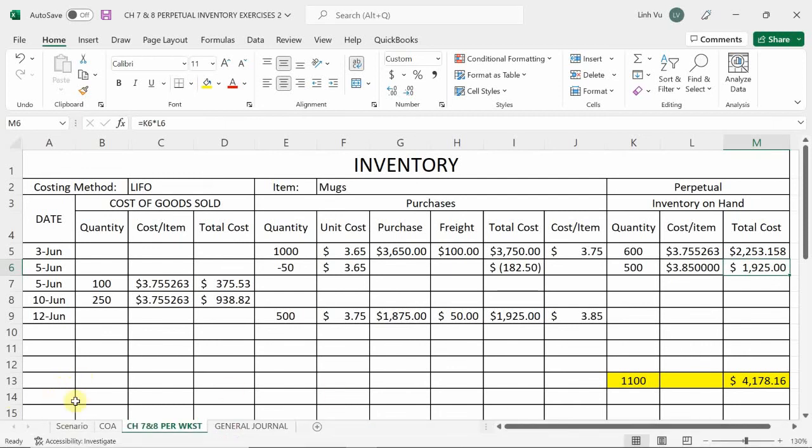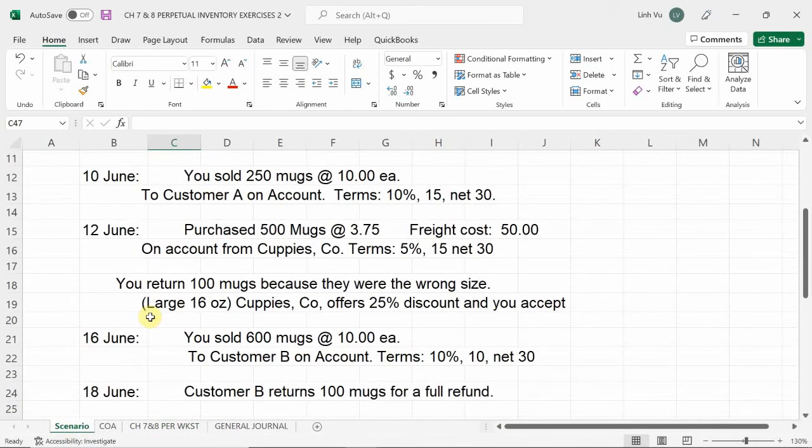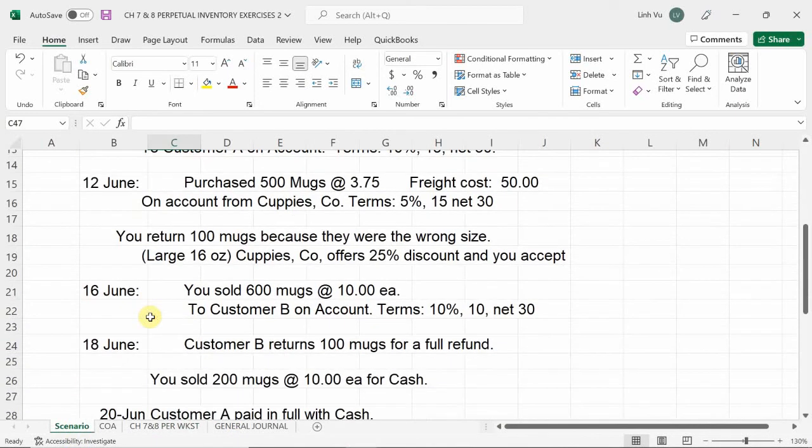All right, so let's see what happened next. That very same day, you end up trying to return 100 mugs because they were the wrong size. You end up getting large sized 16-ounce cups instead. Cuppy Coast offers you a 25% discount on your account, and of course you accept it.